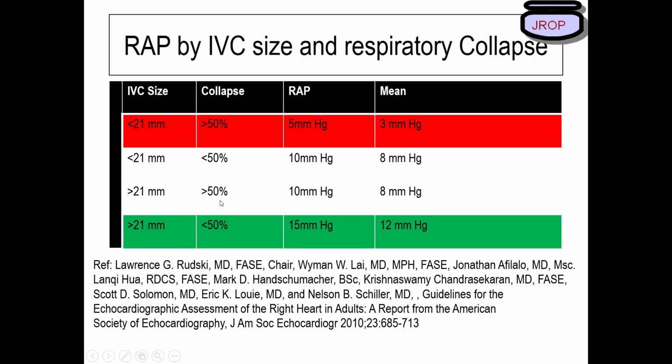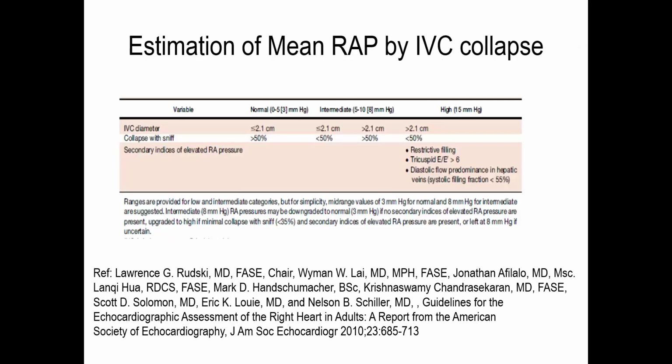And anything between that is considered as 10 millimeters of mercury. Very simple: 20, forget about 21. 20, more than 50% collapse, RAP 5. More than 20, less than 50% collapse, RAP is 15 millimeters of mercury.